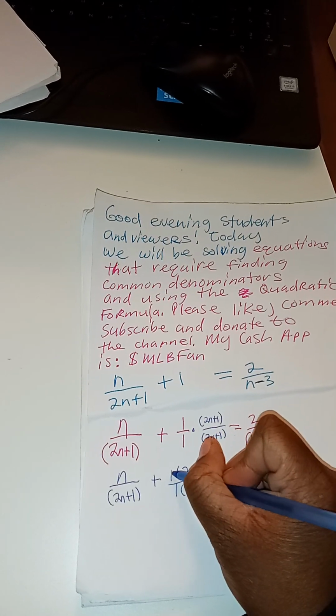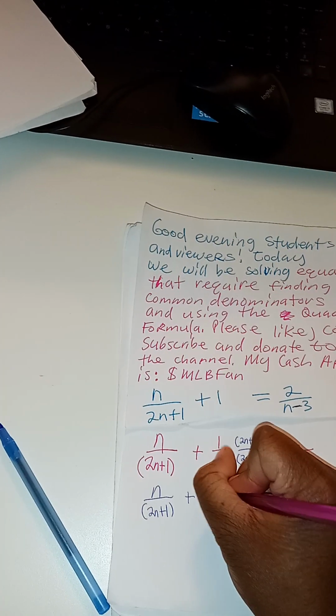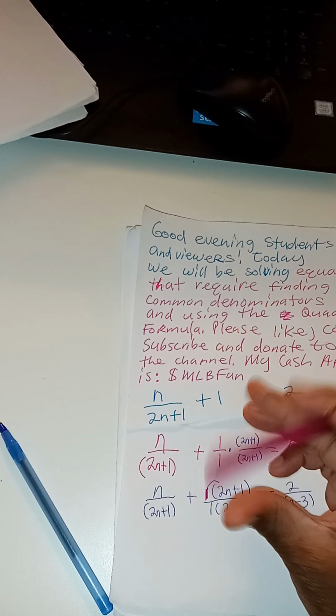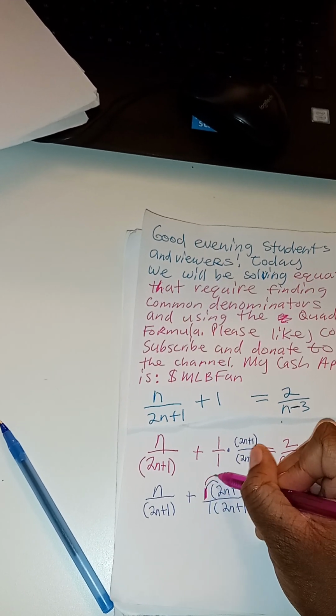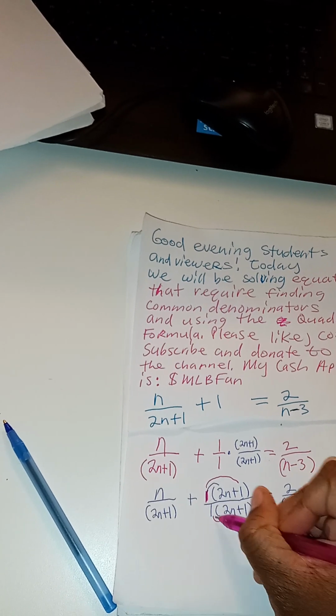Now we need to distribute. Okay, so it's going to be 1 times 2n and 1 times 1 in the numerator and denominator.